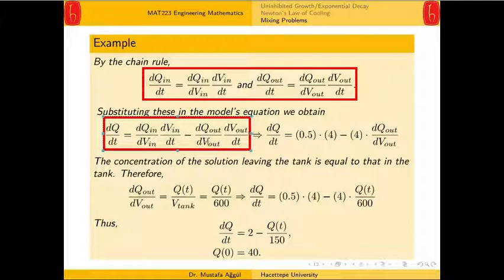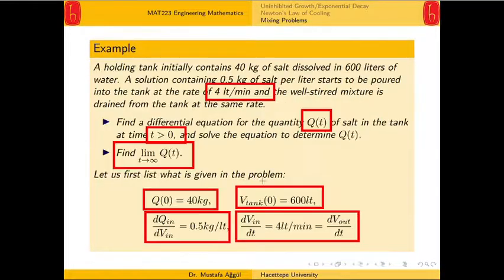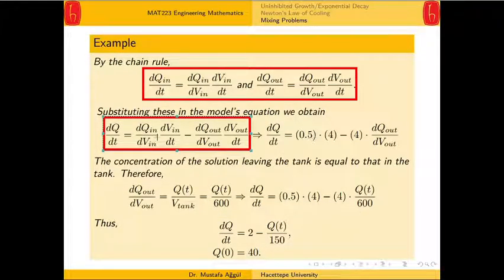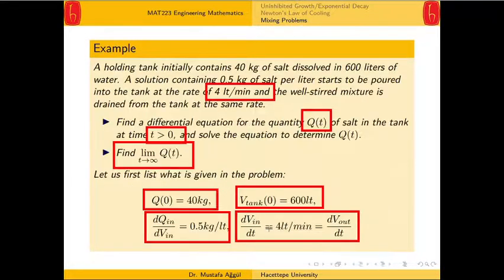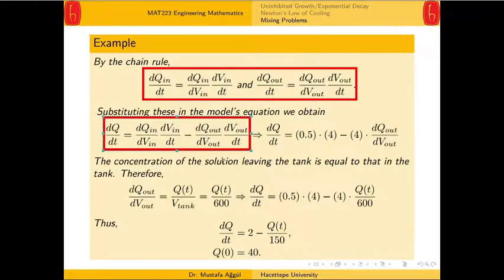Okay, so then if we substitute what's already known, dq_in/dv_in is already given, so this is 0.5, so we put 0.5 here. Also dv_in/dt, the speed of the entering volume, is given as 4, so we substitute 4 here.